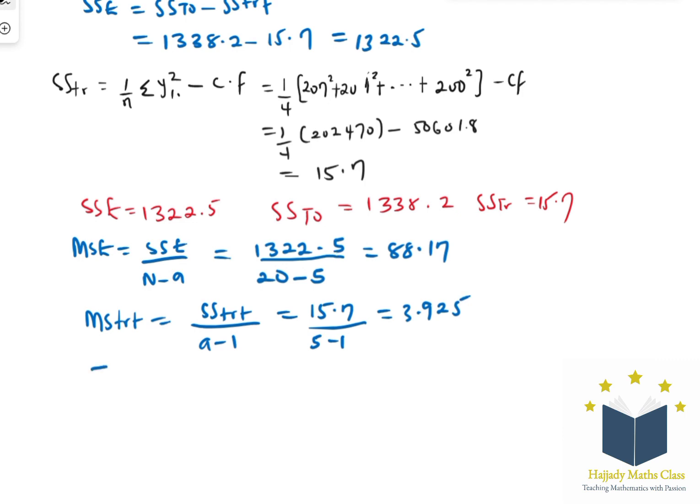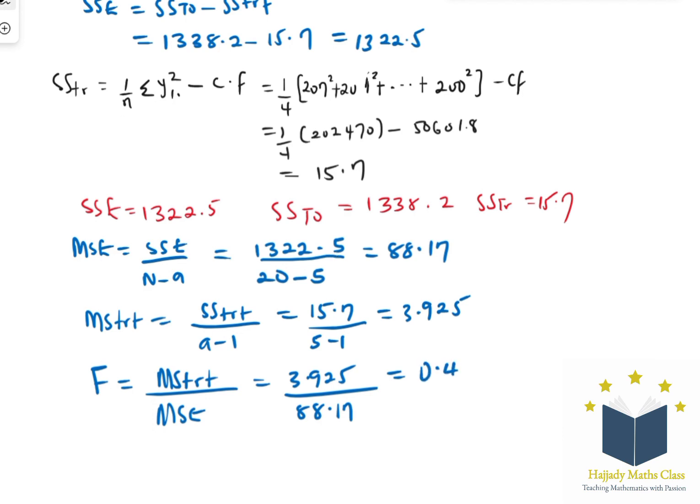To calculate my F, the formula is MS treatment over mean square error; in this regard, we are no longer using our SS total. So my mean square treatment, 3.925, over mean square error, 88.17, gives 0.445.